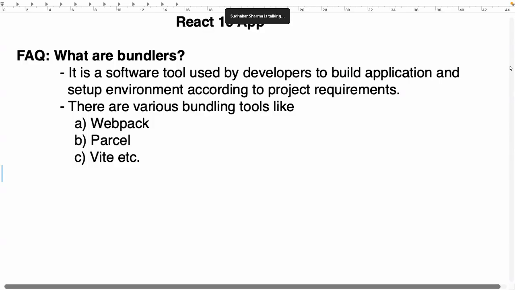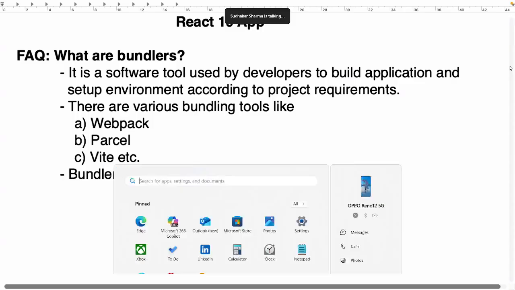If you want to create a project and set up the environment without manually doing everything, through commands we can ask for what we want, and it will generate everything for us. This process is called scaffolding. So bundlers use a scaffolding technique.